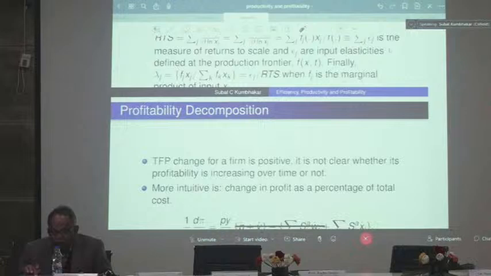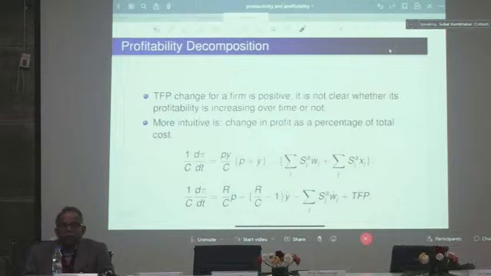If the TFP change for a firm is positive, it's not clear whether profit is increasing over time or not. So it's better to think in terms of what is happening to profit, whether profit is increasing because of TFP change being positive.